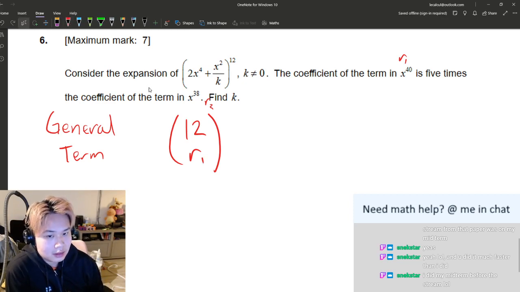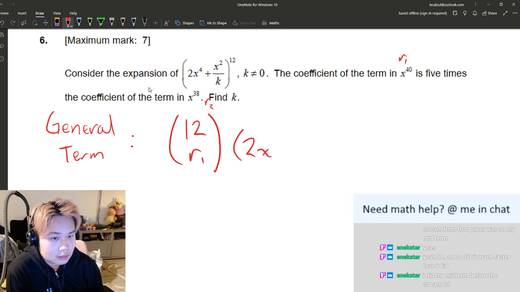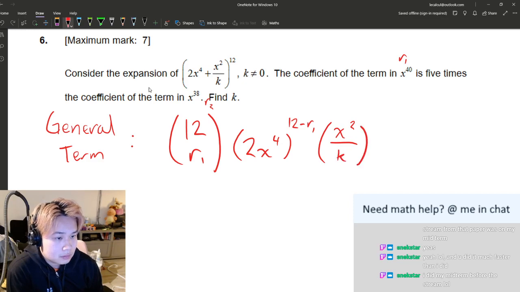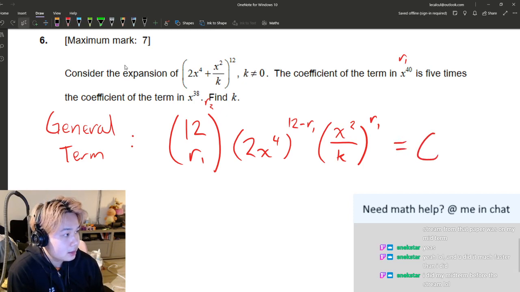So this is the general term for the x to the power 40, and this needs to be some constant coefficient times x to the power 40.